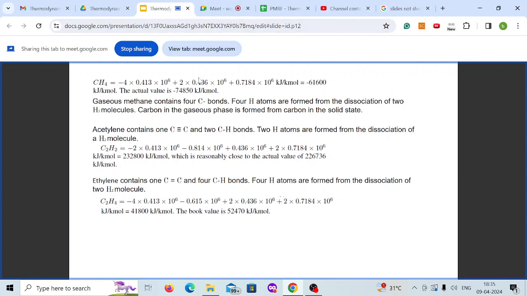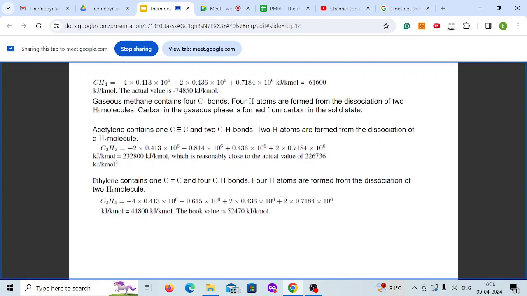Similarly, next one, acetylene. Acetylene has C2H2, so you have two carbon-hydrogen bonds, and a C triple bond C is present. Similarly for this, you have to convert solid carbon to gas, then break one hydrogen molecule bond, and you need to form one carbon triple bond and two carbon-H bonds.